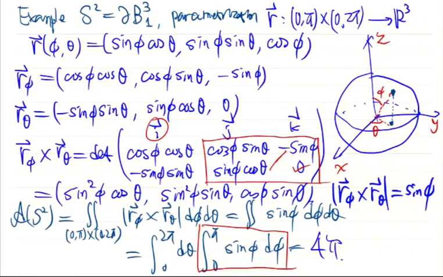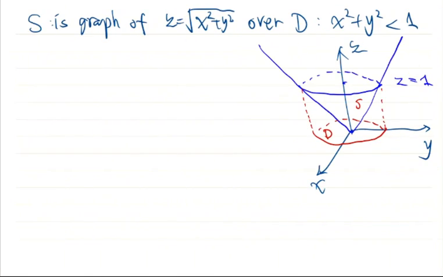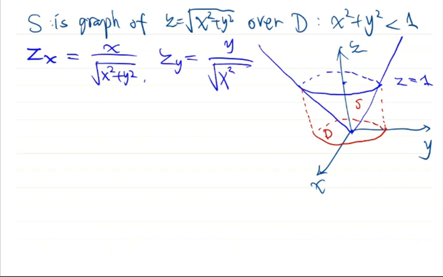So we compute the derivative. We see that the derivative with respect to x is x over the square root of x squared plus y squared, and the derivative with respect to y is y over the square root of x squared plus y squared.